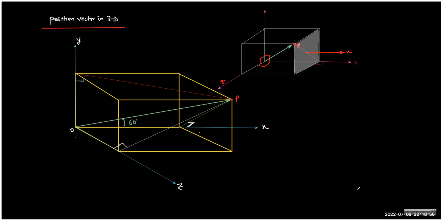So how many angles do we need minimum? And the answer is we need 3 separate angles. One with X, one with Y, and one with Z as well.